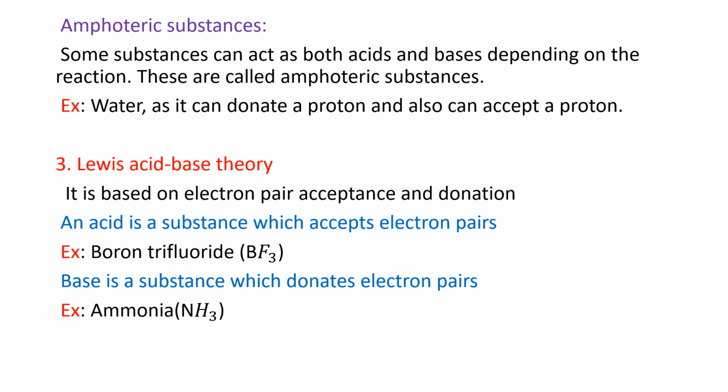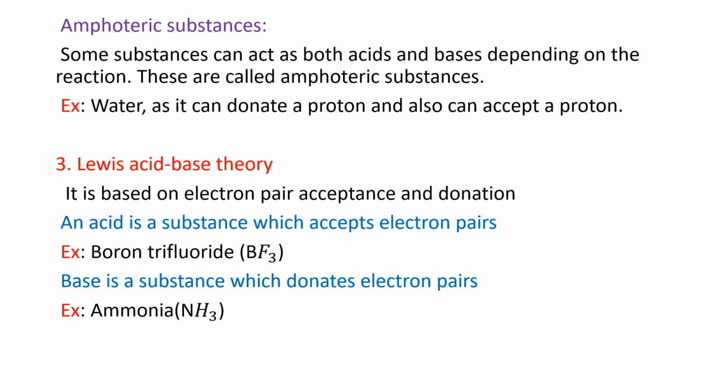So base means the one who gives the electron pair. For example, ammonia. We know that ammonia is the one in which nitrogen has a lone pair of electrons, correct? Therefore, those lone pairs can be given easily to the one who is able to accept them. Therefore, we can tell ammonia is a base.